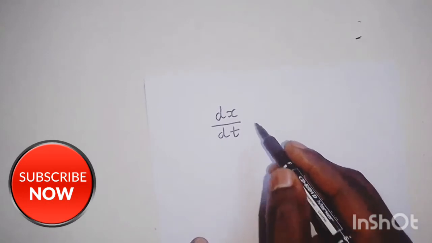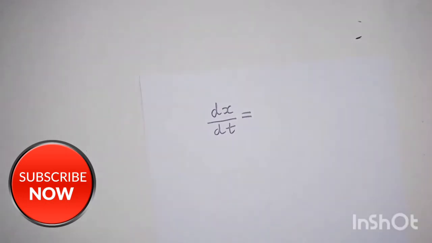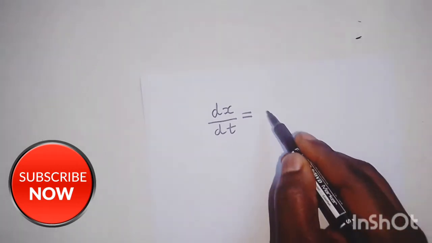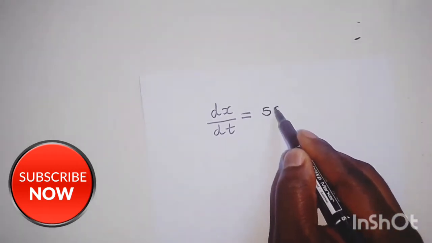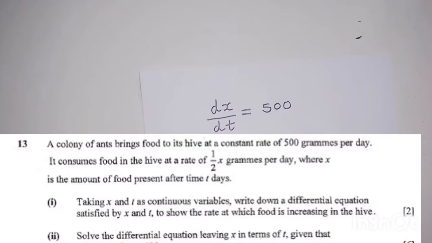So constant, it means that there is no variation there. Then I'm going to put equal sign, right? Then you write 500. So the rate of increase of food with respect to time at a constant rate of 500 grams. You write dx over dt is equals to 500.